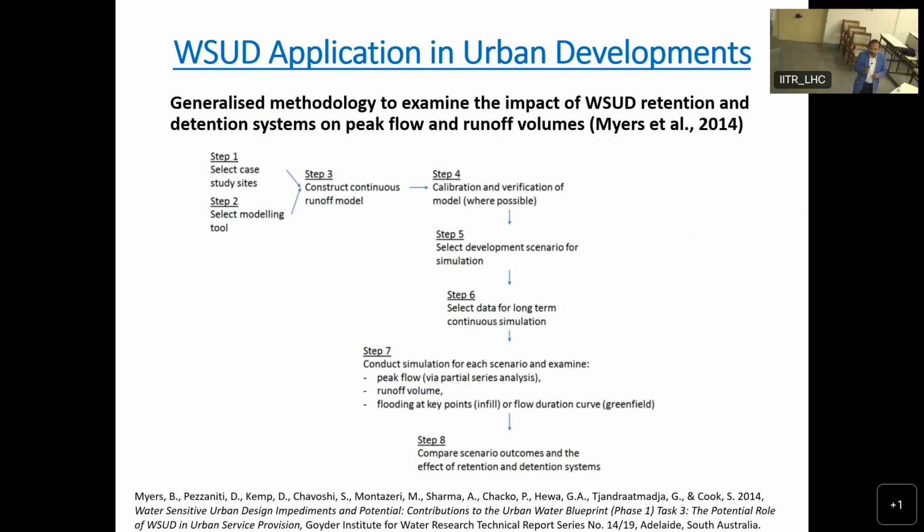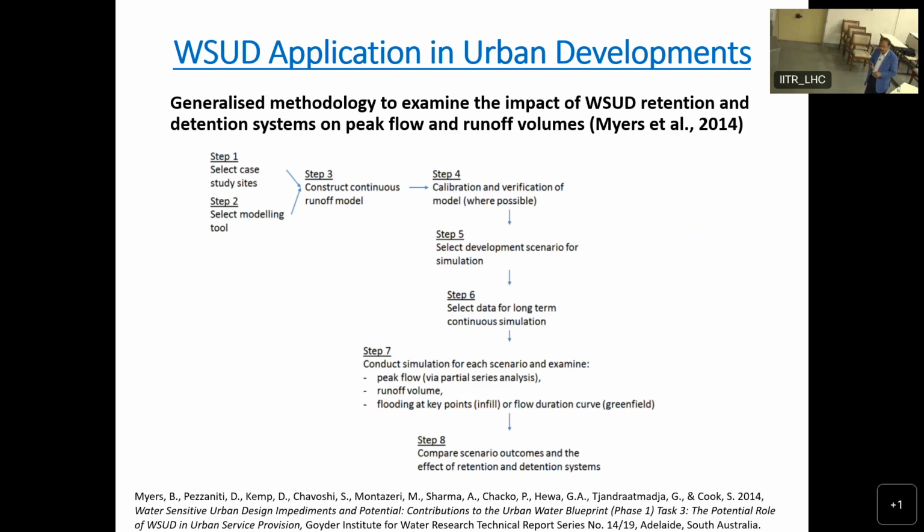We have described the complete methodology there, how to use the EPSM model in that report. So basically, the first step is to select a suitable site where we are going to implement it.